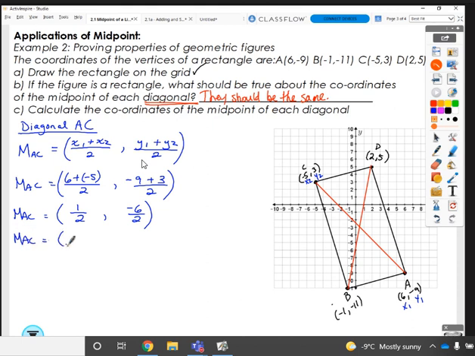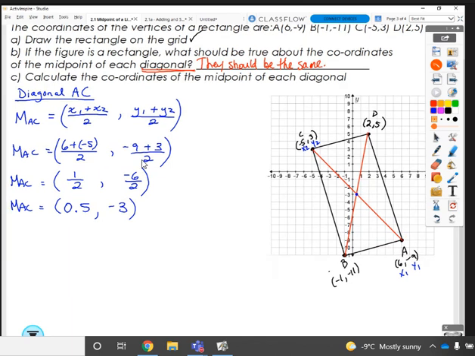So in a decimal, that'd be like 0.5 and -3. So that one is right here-ish. And that looks pretty promising, doesn't it, on the graph? Okay, the next diagonal we're going to do is BD.